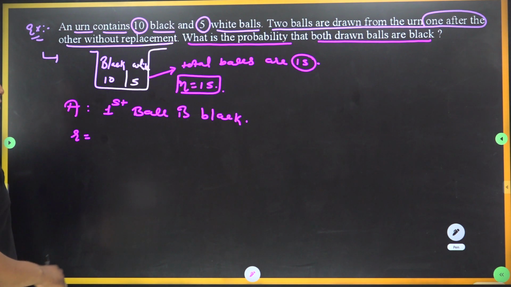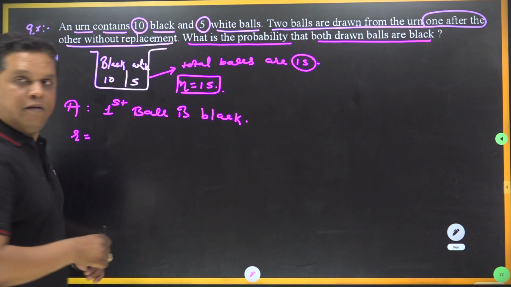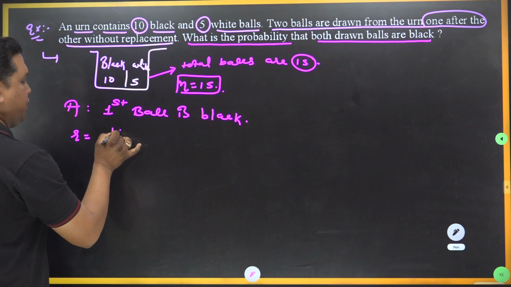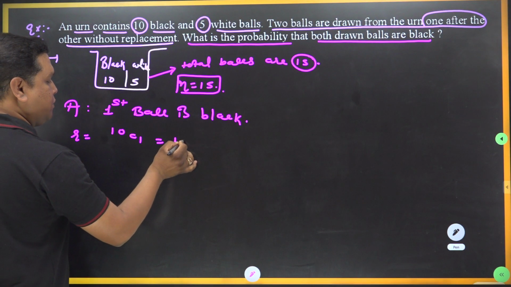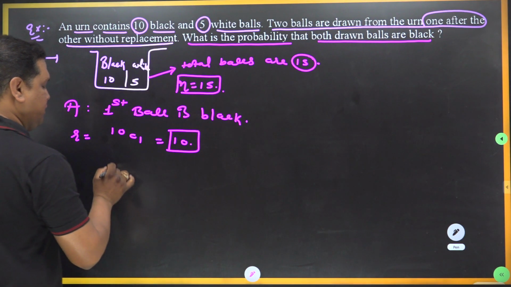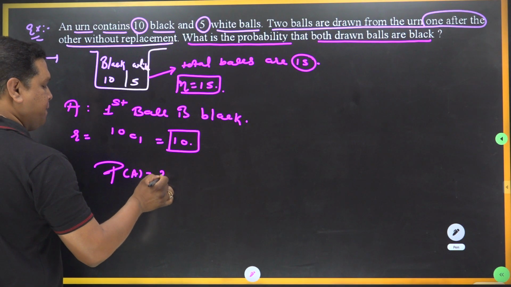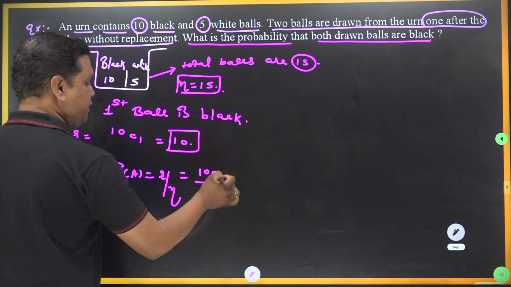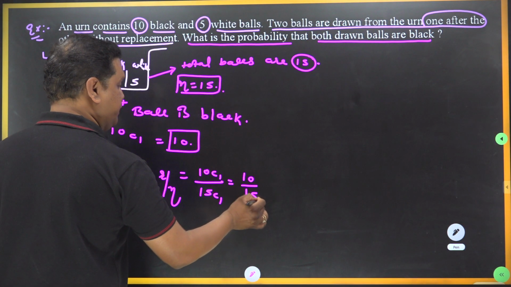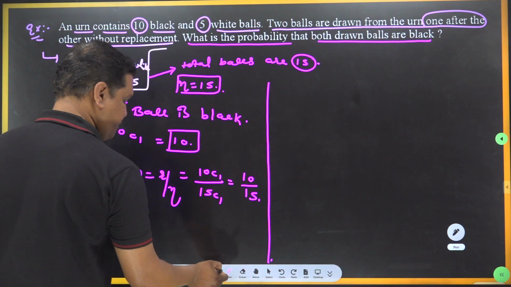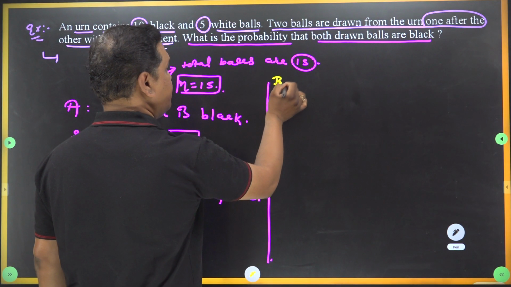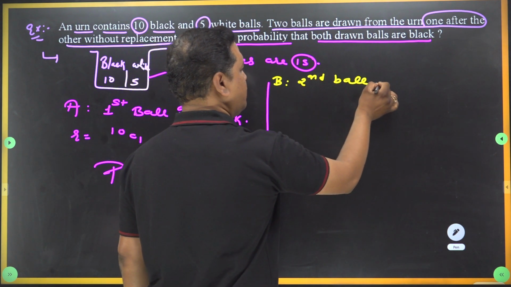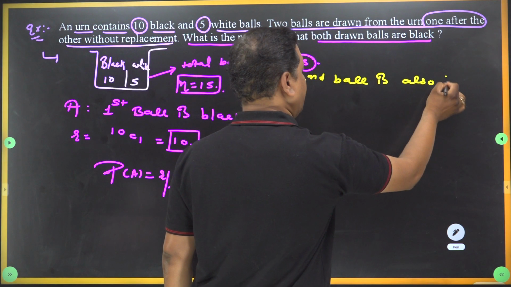So now what is this? First ball is black. So from the box we select one black ball. So black is selected from black. So 10 C1, that is 10. P of A is r upon n, 10 C1 upon 15 C1, that is 10 by 15. Event B, second ball is also black.